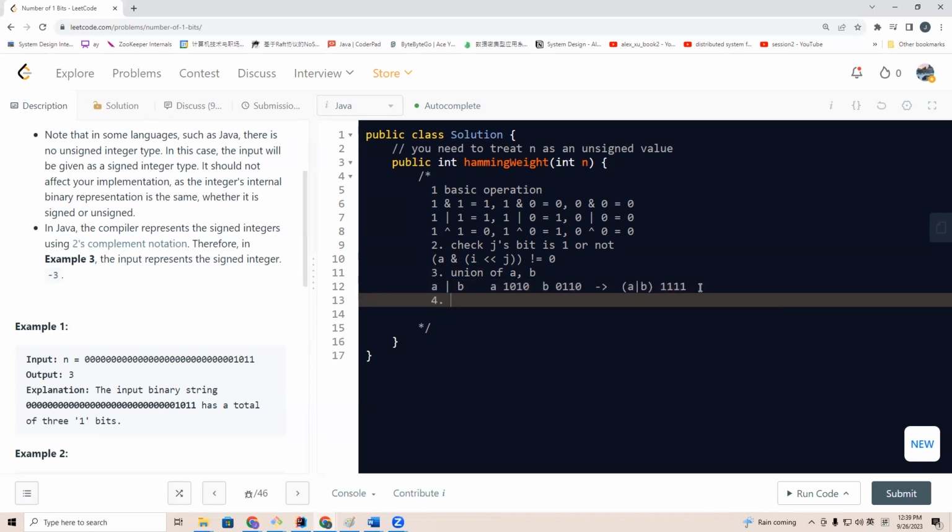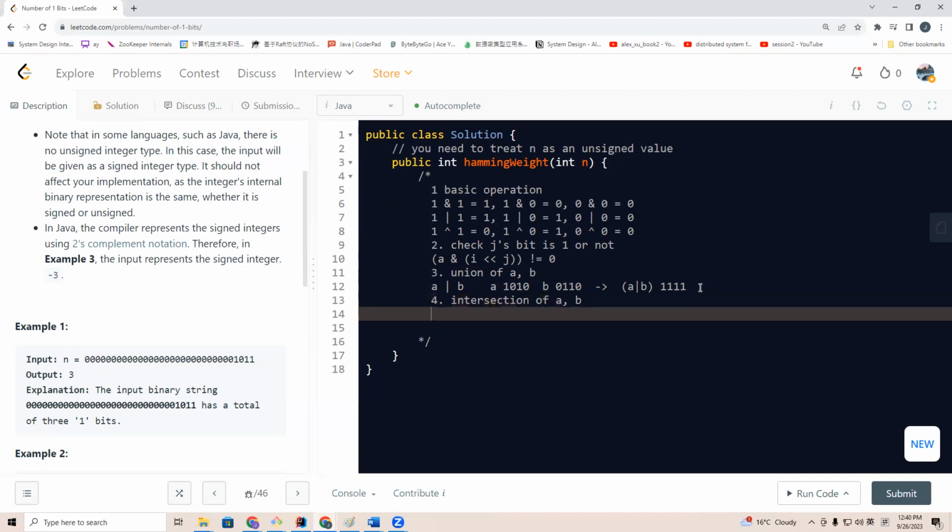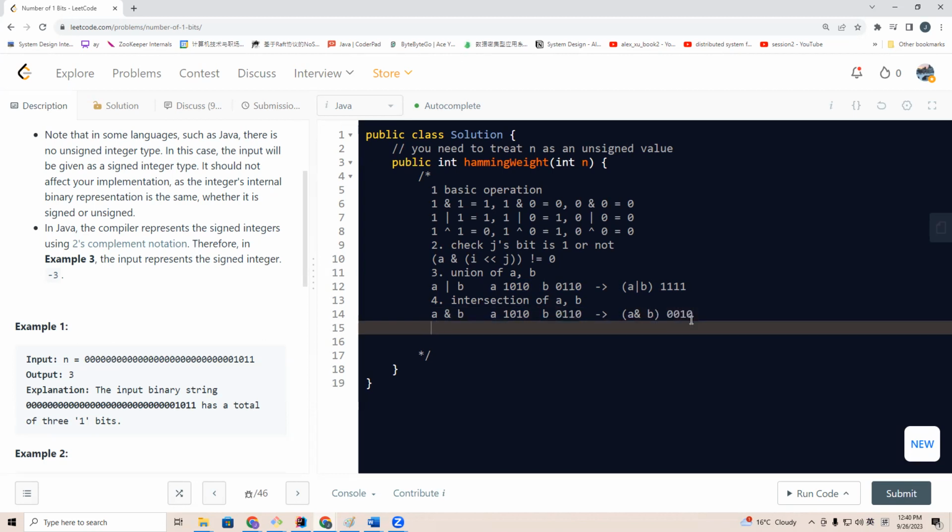The fourth thing we want to review is that the intersection of A and B is A AND B. So what does this one mean? Let's still use this example. A AND B, the common bits, will be equal to 0000.